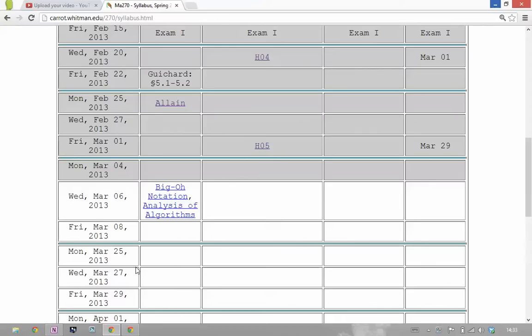In order to get faster sorts, we need to understand the mathematics of how to analyze algorithms so that we can appreciate that this sort is actually faster than this sort. I'll start to talk about that a little bit today if I have time, and then for the next couple of class periods we'll talk about analysis of algorithms, and then we'll move into sorting algorithms.